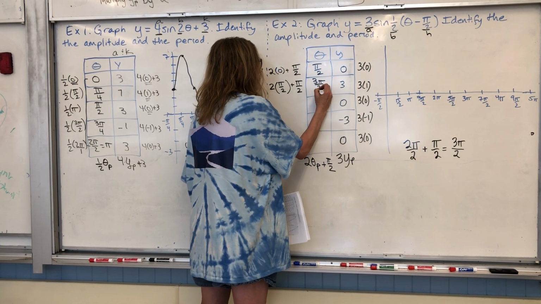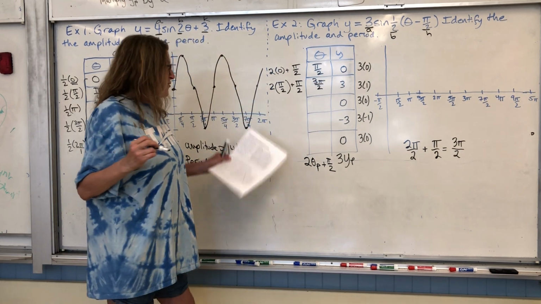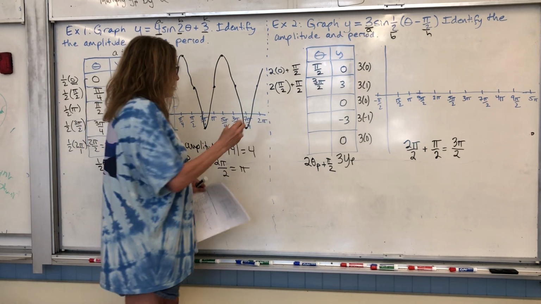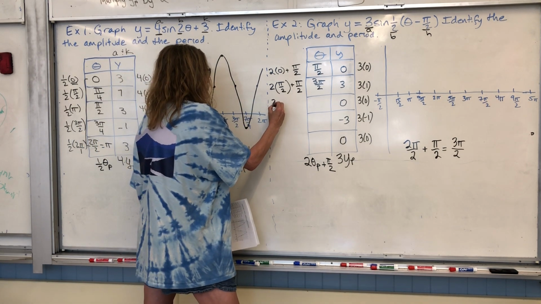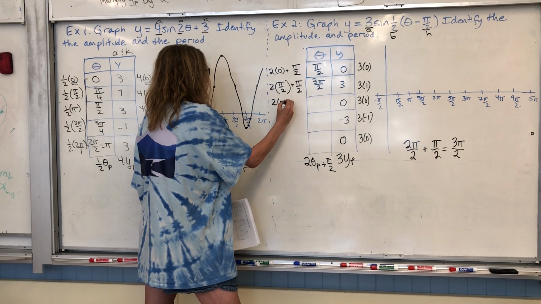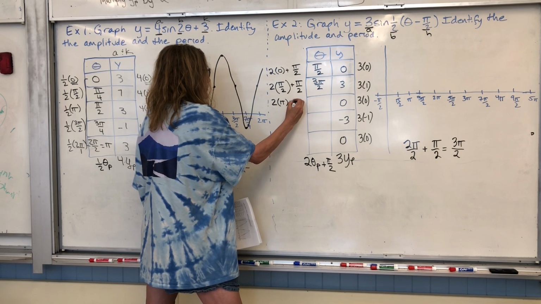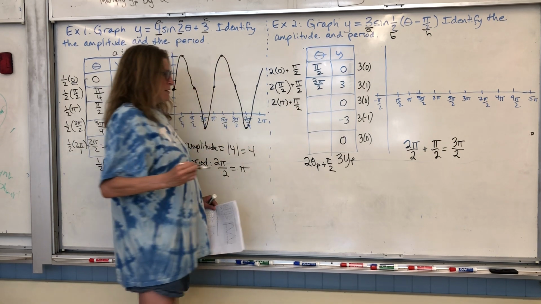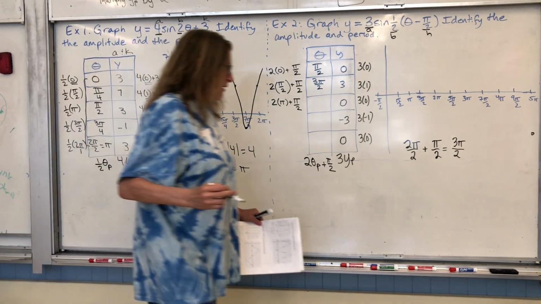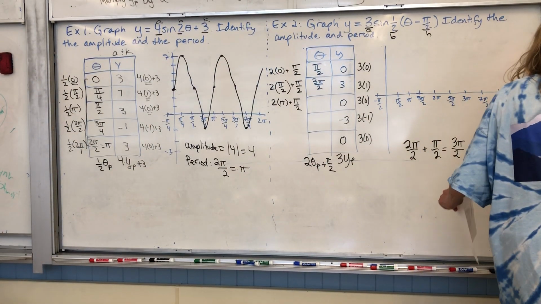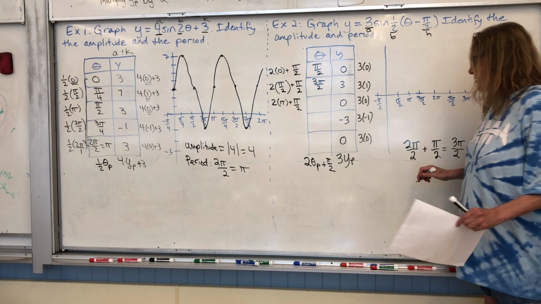Now what's cool about this is once I see a pattern, I don't have to keep doing this, right? So now I'm going to do 2 times pi plus pi over 2. Okay, this is the one people don't like because now I don't have a common denominator. Now I got to get a common denominator.